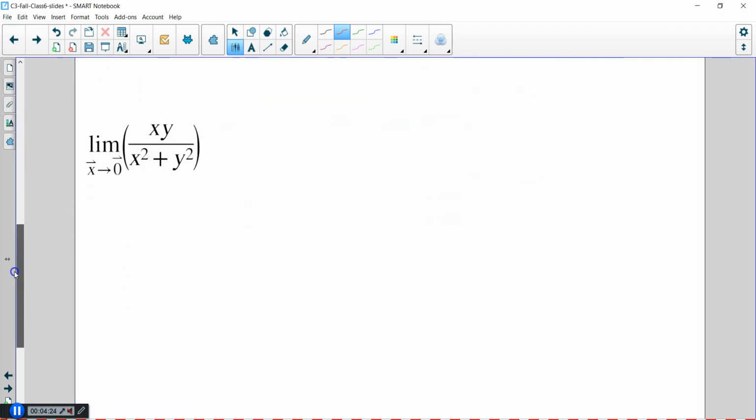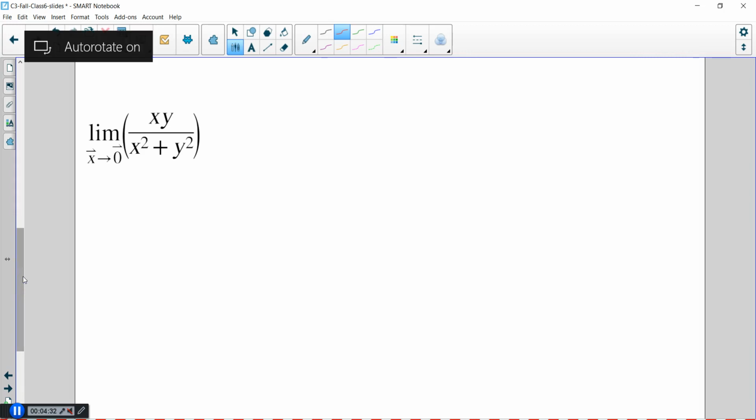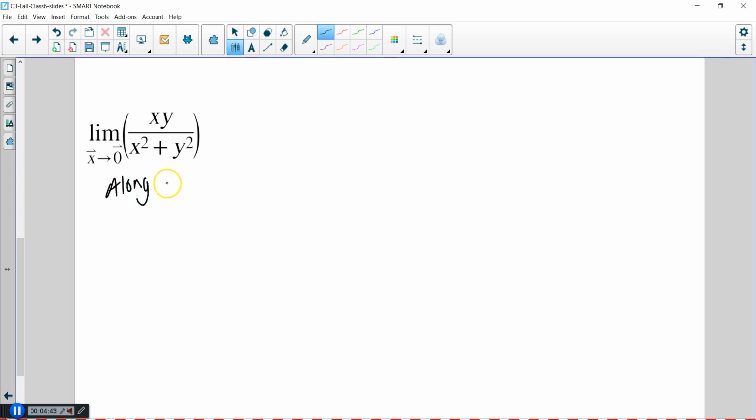So now we have a different example of the same flavor, right? We have xy over x squared plus y squared, and when I look at this a little bit in detail, I'm going to begin the analysis in the same way as I did before. I'm going to look along the x-axis.